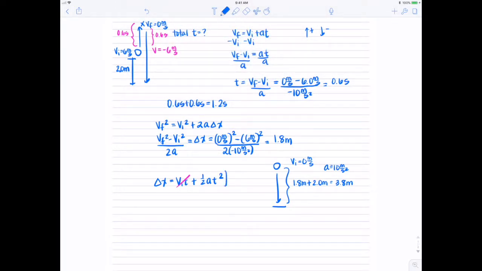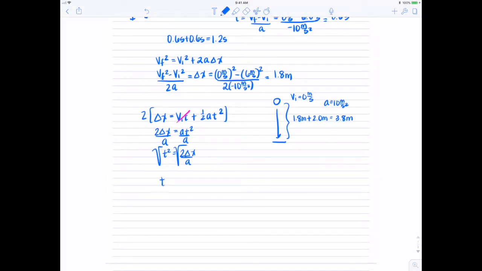And we can multiply both sides by 2, so we get 2 delta x equals at squared, divided by a. t squared equals 2 delta x over a, and we'll square root that. And t equals the square root of 2 delta x over a.